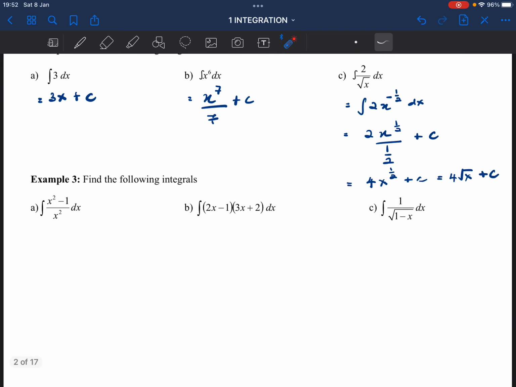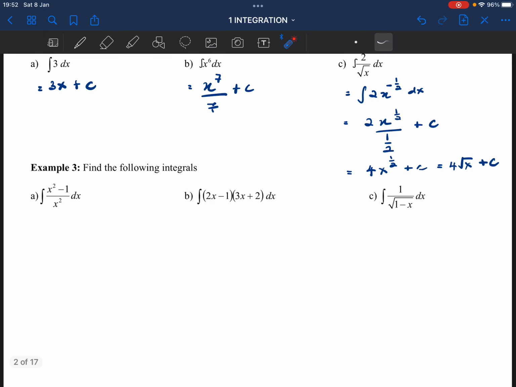So let's say example 3 here. Okay, this is what I said earlier. You have division of something. There is no quotient rule. The quotient rule is for differentiation. So as I said, for integral, if you can simplify the expression, simplify the expression first. We know this one, we can simplify x square over x square minus 1 over x square.